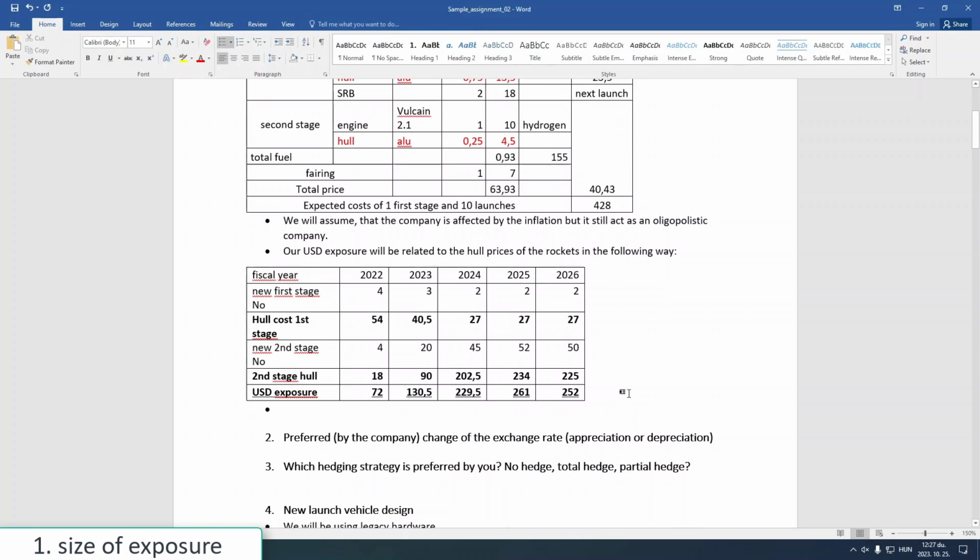So now it's important to see what is preferred by the company.